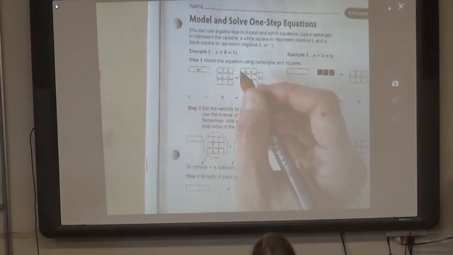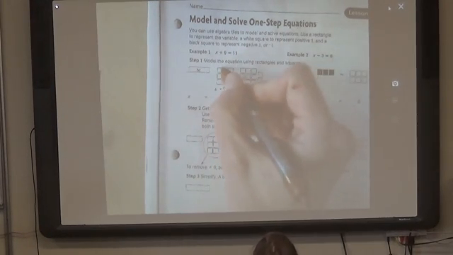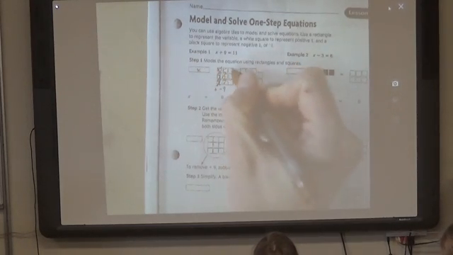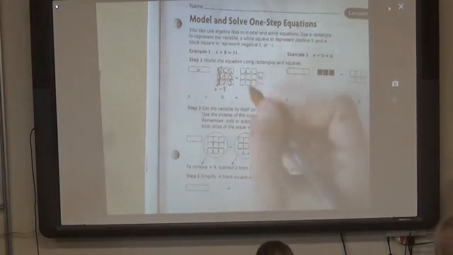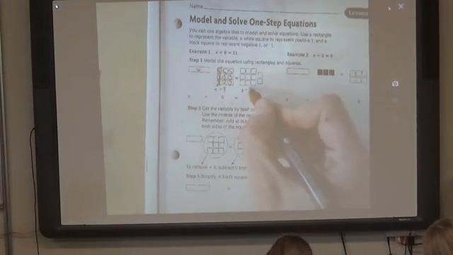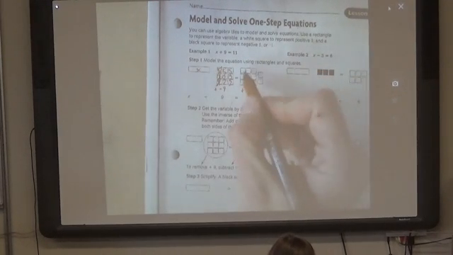Carson? Negative 9. Yep. If we added negative 9, that would eliminate all of these. Wouldn't it? And then if we added negative 9 to this side, what would it eliminate? Yeah, all of them in this block.